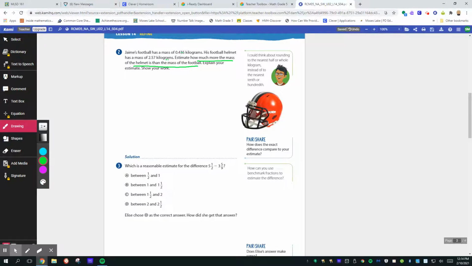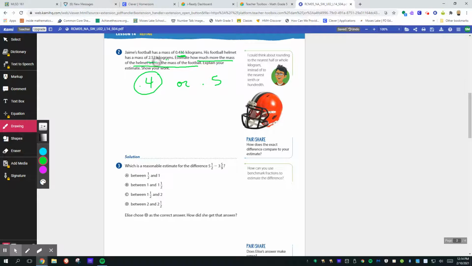Okay? So if I'm doing an estimate, I'm going to look at 435,000, and I'm going to look at that and go, is that closer to 4 tenths or 5 tenths? And if I'm looking here at 35 hundredths, it's actually closer to 4 tenths.